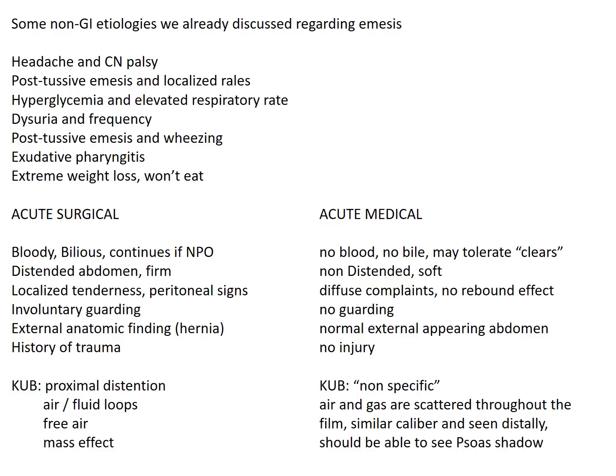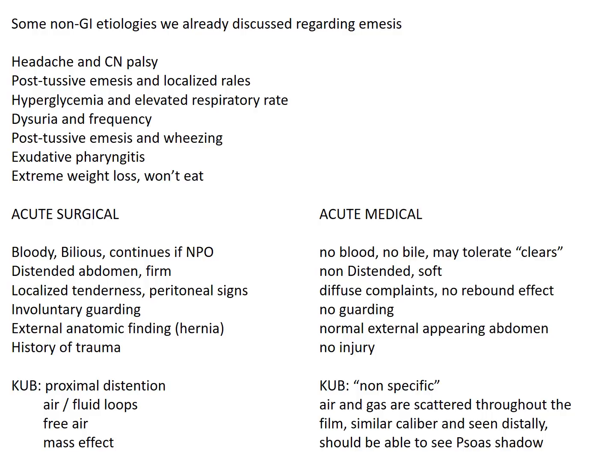If you find something like an incarcerated hernia, the individual had trauma, I would be thinking surgical abdomen. I'd be thinking some type of surgical disaster, which is causing that individual to be puking, such as appendicitis or small bowel obstruction. On an abdominal KUB, you may see distended air fluid loops. You may see free air.